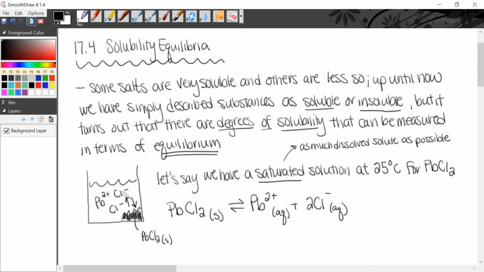So you've got this dynamic equilibrium here of solid particles ionizing in solution, and then those ions crashing back together and coming back out as a solid. Okay, so when we have a saturated solution, yes, you have as much dissolved solute as possible, but you also have what we call dynamic equilibrium.